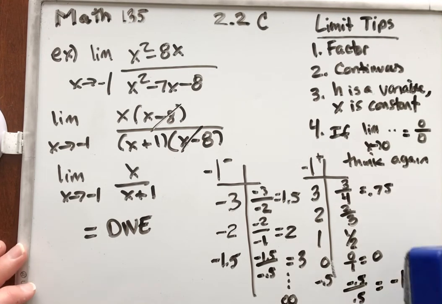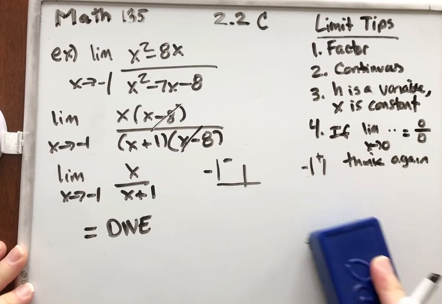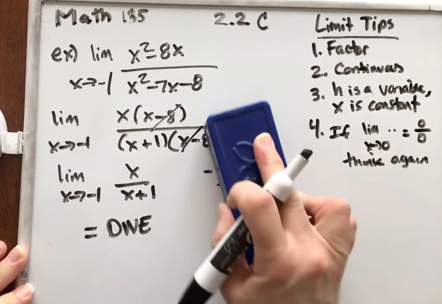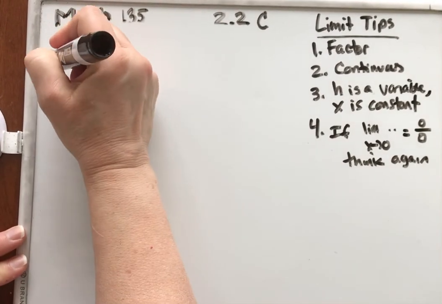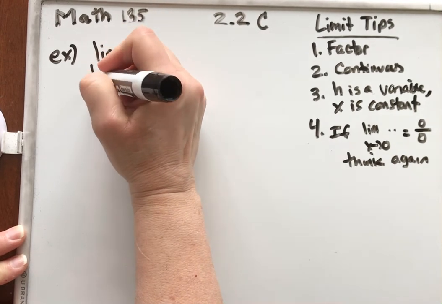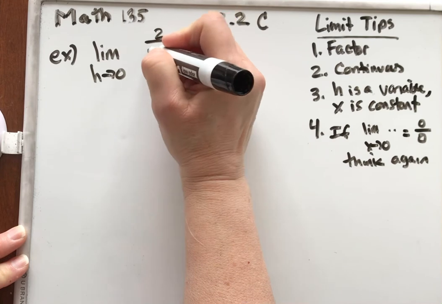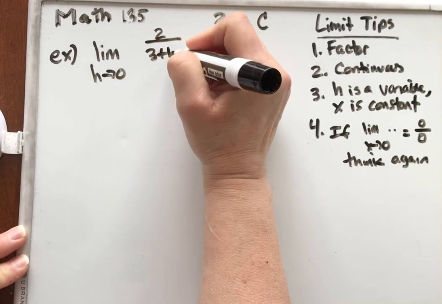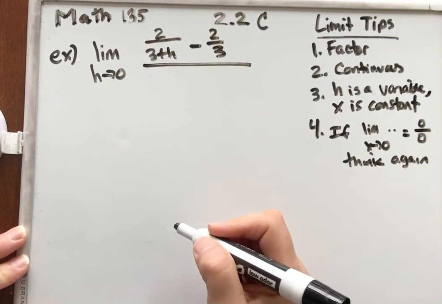Okay, one last one, and we are done with this lecture. Okay, so this one's going to be a little bit more complicated, but you're ready for it now. The limit as h approaches 0 of 2 over 3 plus h minus 2/3 all over h.